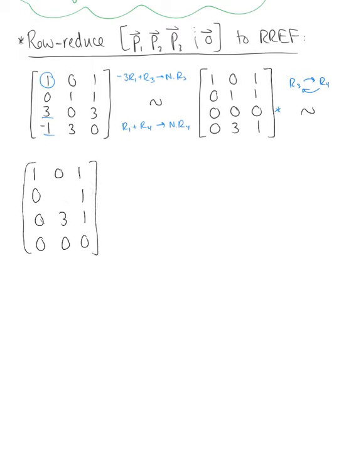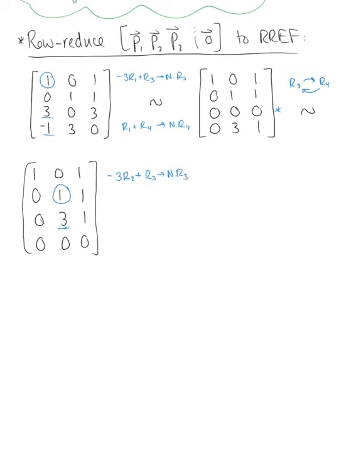All right, so our first column is all set. So we now want to go ahead and take that second pivot and use it to eliminate the entry below it. So we'll do minus 3 times the second row plus the third row to attain the new third row.